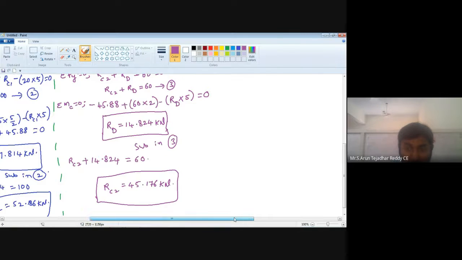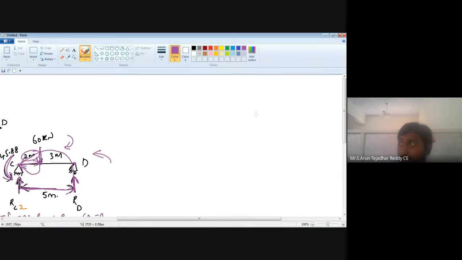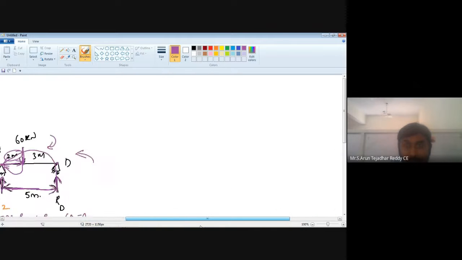After completion of the 4th step, what about the 5th step here? That is final support reactions. Here the 5th step is final support reactions.